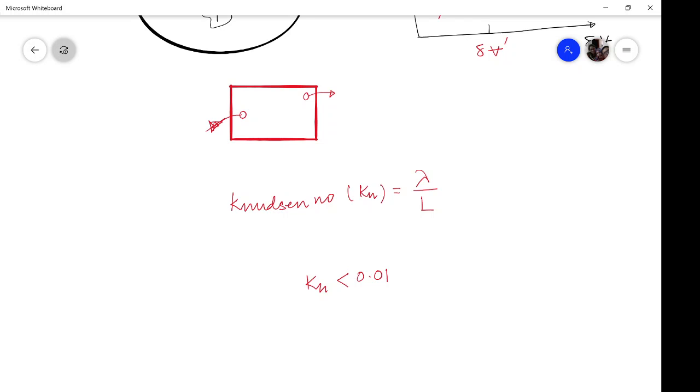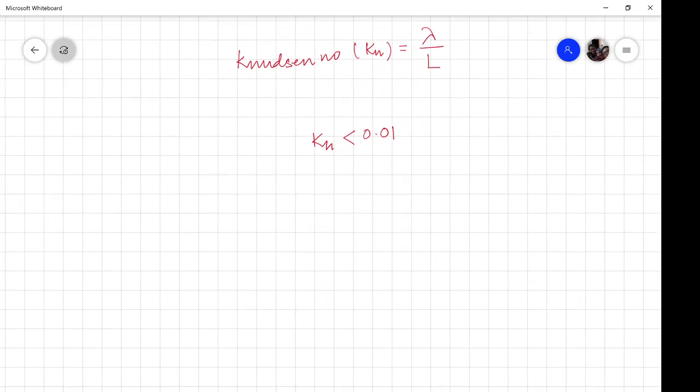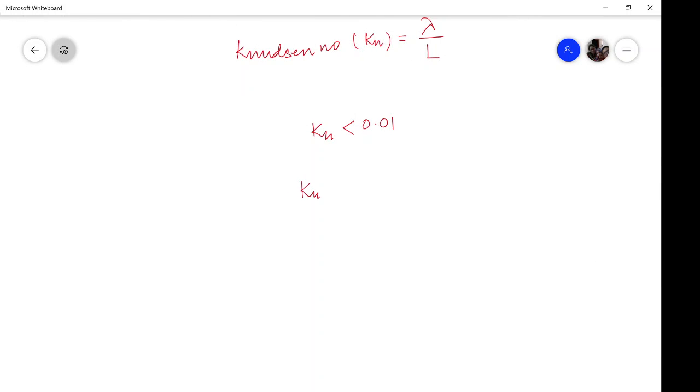That means the characteristic dimension of the domain in which we are working should be much higher than the mean free path of molecules. And there are other distinctions as well. If this number is more than 0.01 but less than 0.1, this is considered as slip flow.